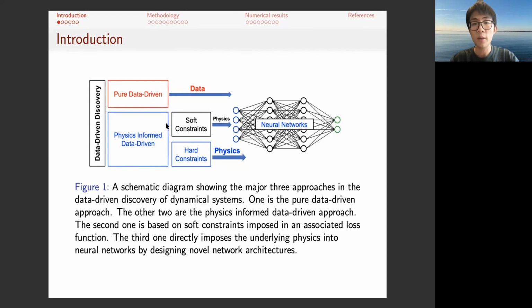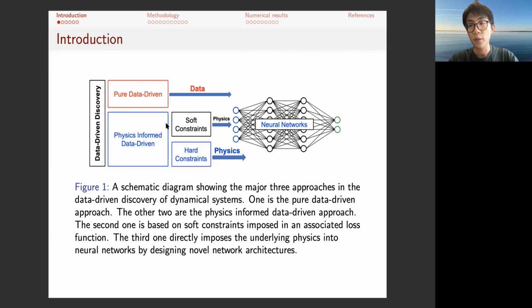And in general, there are two major approaches to infer the dynamics from the time series data and further extrapolation. One of them is the pure data-driven approach, and the other is commonly referred to as the physics-informed data-driven approach.